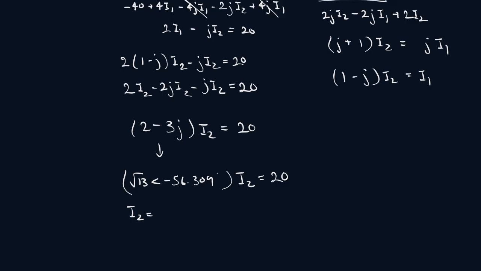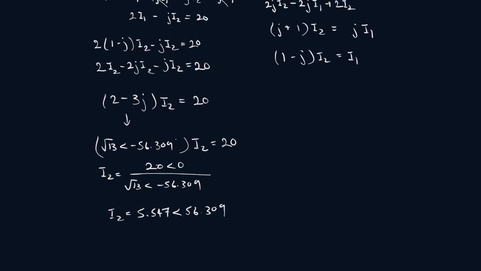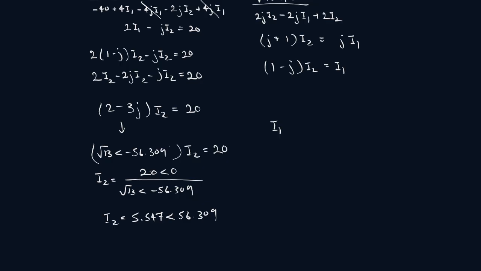So I2 is equal to 20 all over square root of 13 phasor minus 56.309. 20 is the same thing as 20 phasor 0. So I2 is pretty much 5.547 phasor 0 minus 56.309. And then now we just have to solve for I1.